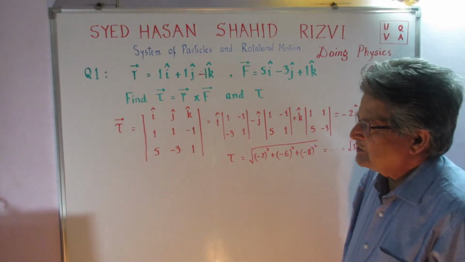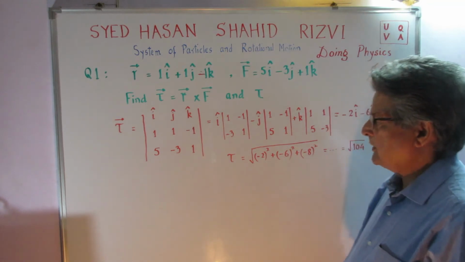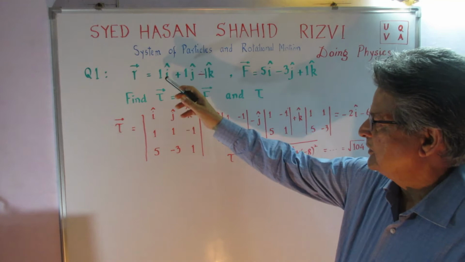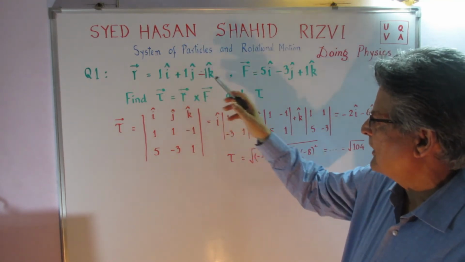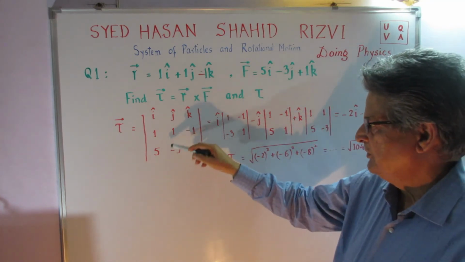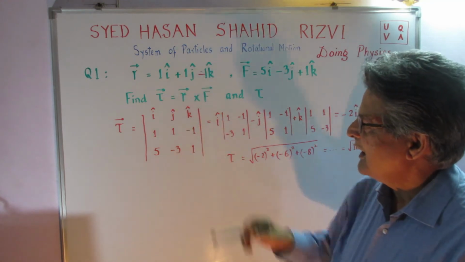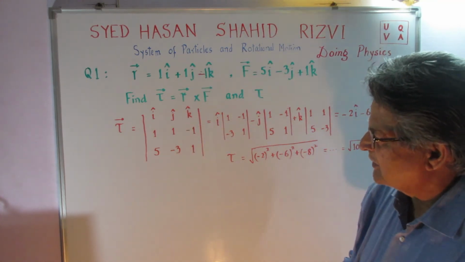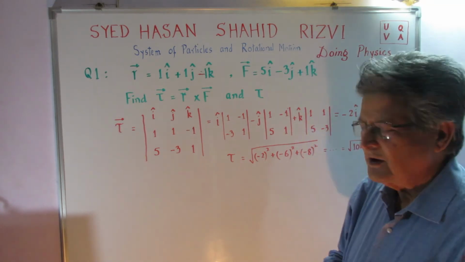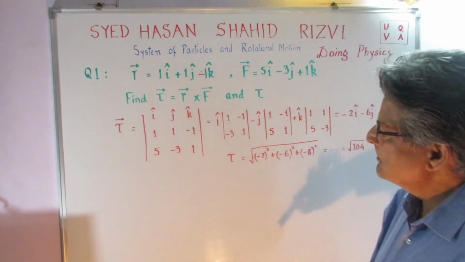So a very simple exercise, as I have defined in the case of the cross product, where I write this as Rx, Ry, Rz, Fx, Fy, Fz, and I put these values over here, i, j, k, Rx, Ry, Rz, Fx, Fy, Fz, and the numerical values that I have taken, you can always substitute with other values of your choice, no problem.